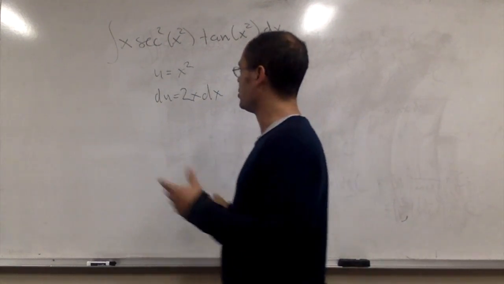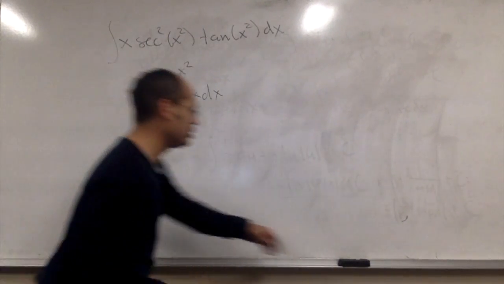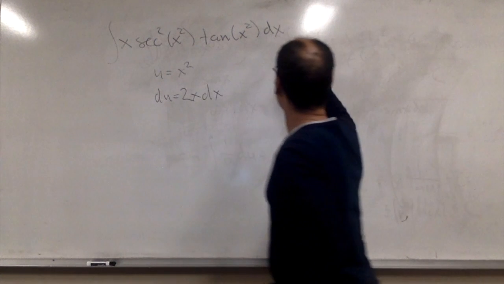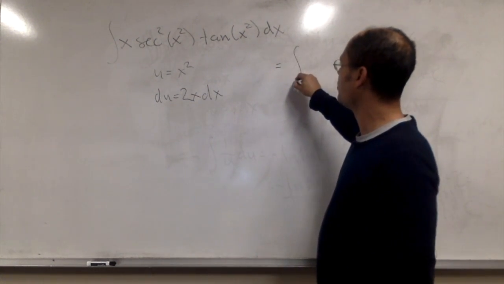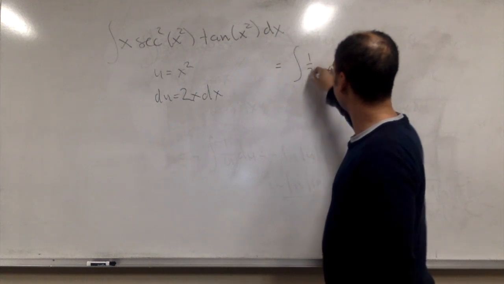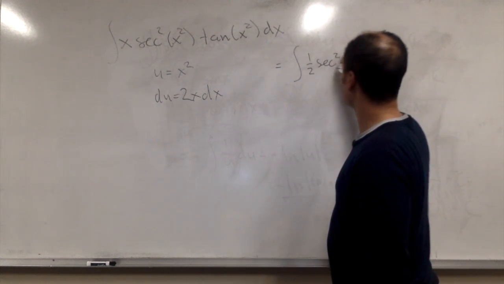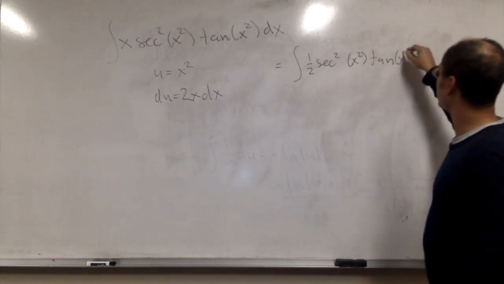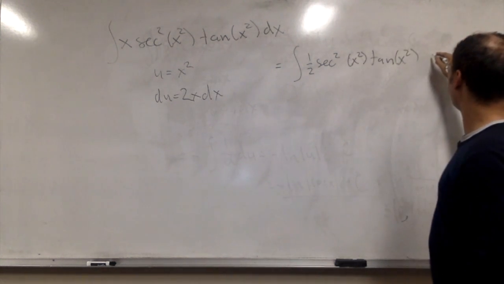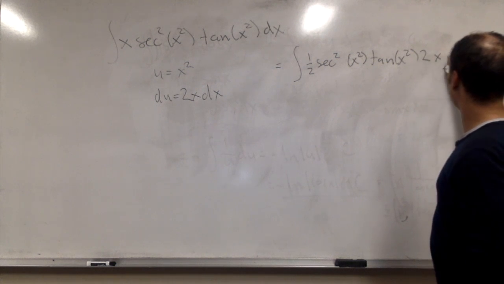I'll stick a 2 in there and then pull it back out. I'll rewrite this as the indefinite integral of 1/2 secant squared of x squared tangent of x squared. I didn't write my x, I'm going to write it over here, but I'm going to stick a 2 in front.